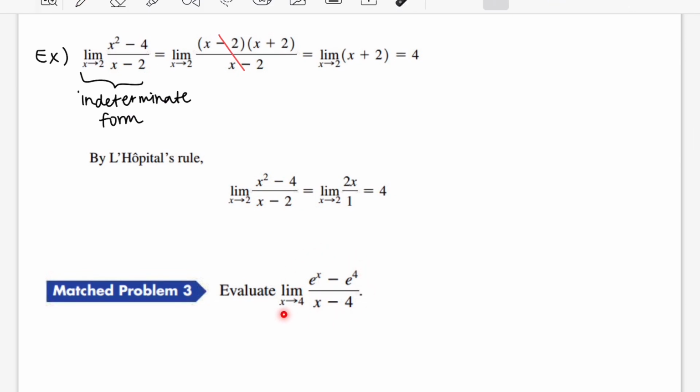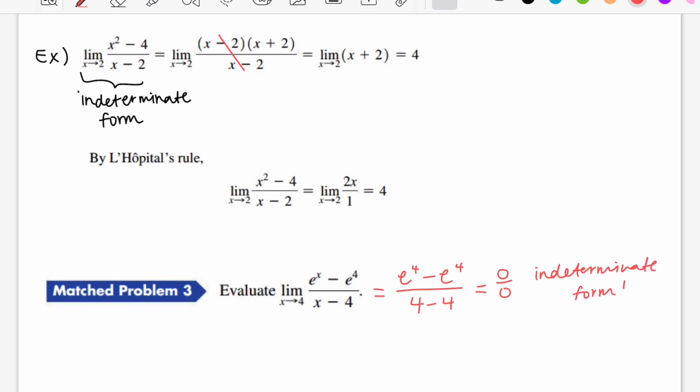We want to evaluate this limit here, and we can already see that as x approaches 4, we'll get this here, which is equal to 0 over 0, so we have indeterminate form, right? So that tells us we need to use L'Hopital's rule.